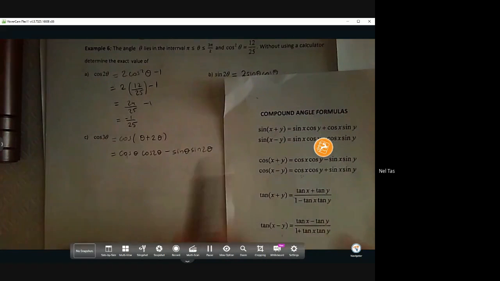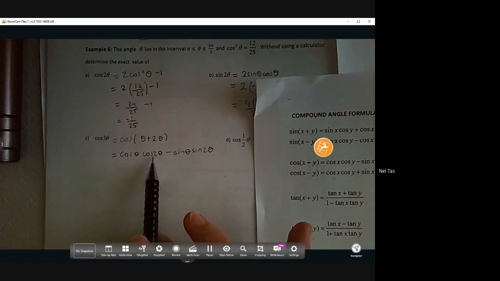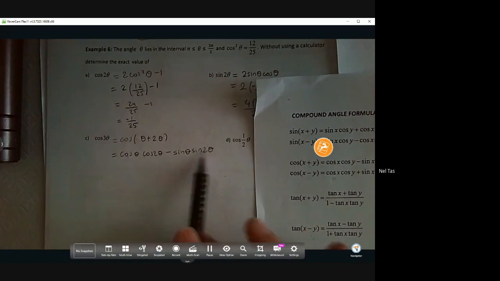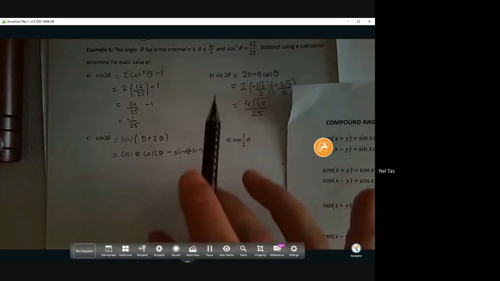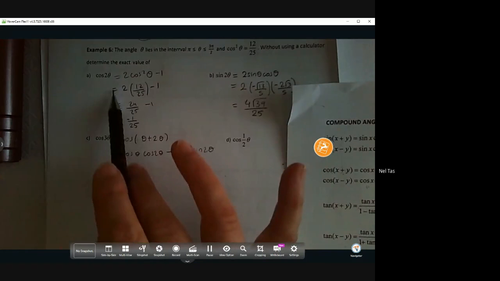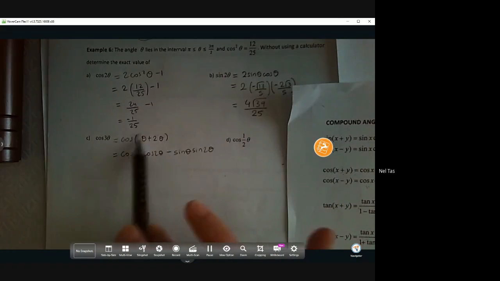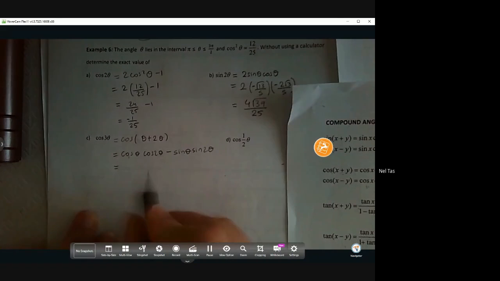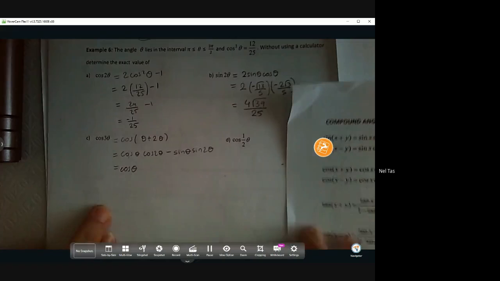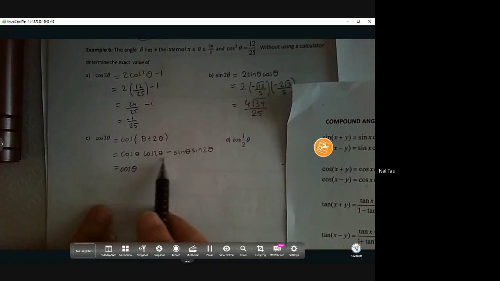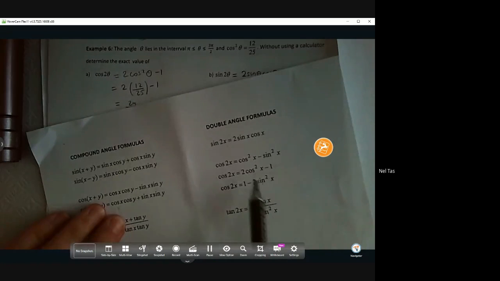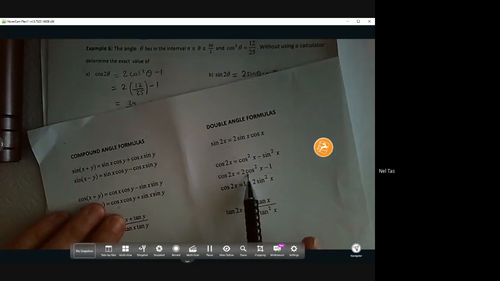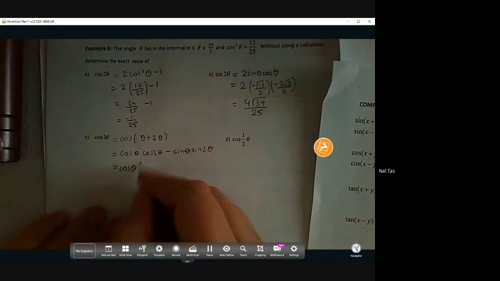Okay, well, this is still not helping us very much. We need to get rid of those 2 thetas and try to write everything in terms of cos theta and sine theta. Actually, for now, we calculated cos 2 theta and sine 2 theta, but we want to write everything in terms of cos and sine theta here. What we can do now is apply double angle formulas. So instead of cos 2 theta, for example, you could pick one of those. I'm going to pick, let's say, 2 cos squared theta minus 1.